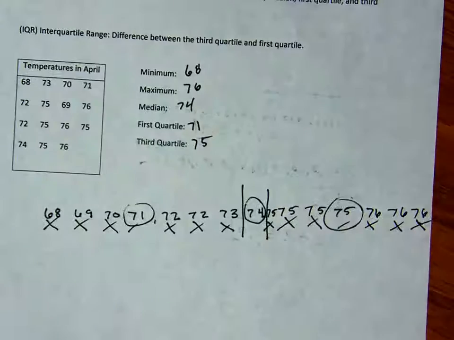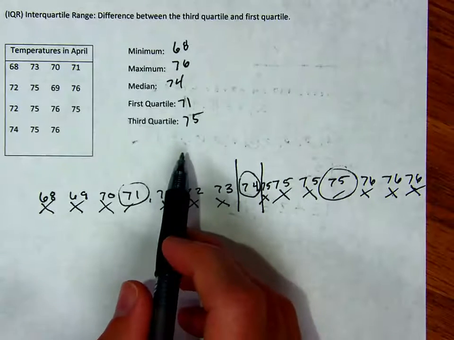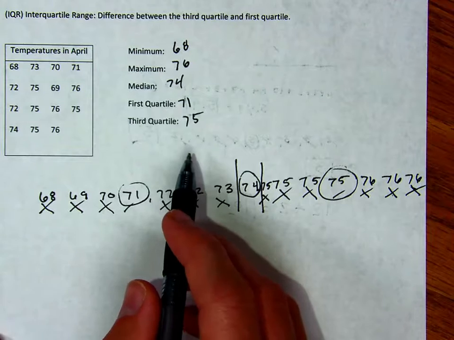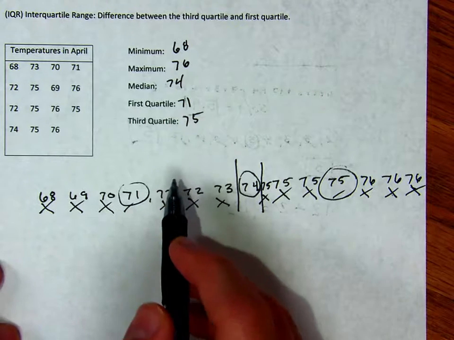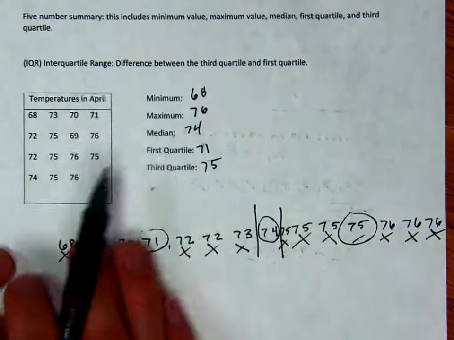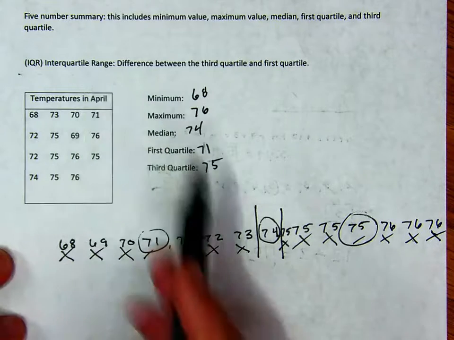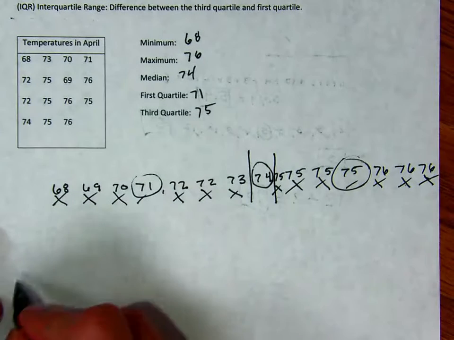Now what I'm going to do with these numbers is set up a box plot, or you may have heard it as box and whiskers before, because I still need to find my IQR, interquartile range. So let's set up the box and whiskers first. I'm going to make a number line.